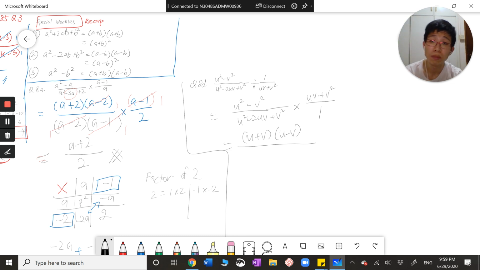If you can just replace all the u and v with a and b, then it is of the same form. So when I factorize it, it will just be u minus v bracket square.